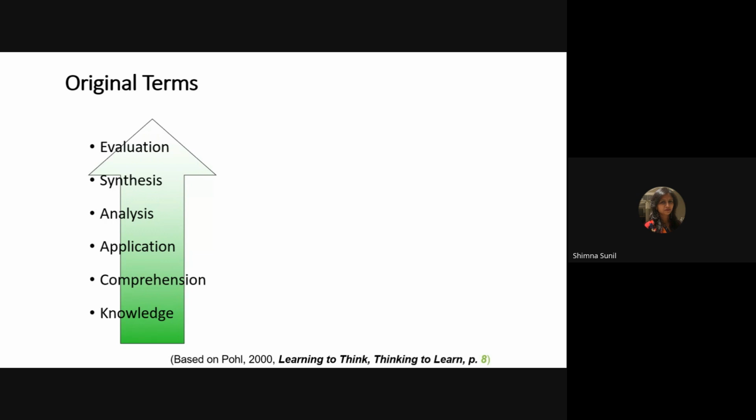What I mean by that is, if the child has to go to the comprehension level, the child should understand the knowledge level well, and then go to comprehension. If the child has to go to the application level, the child has to climb the ladder of knowledge and comprehension, and so on and so forth. So it is subsumed. You cannot take a leap from knowledge to analysis or from comprehension to synthesis.